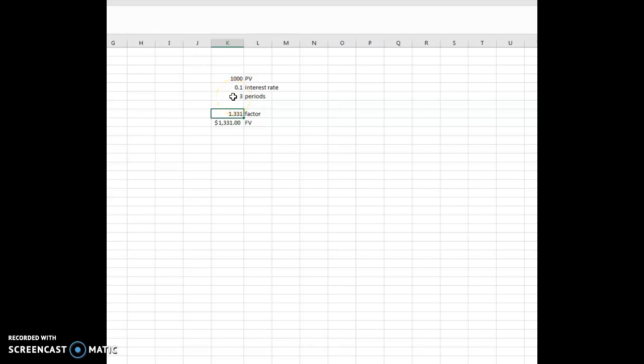That gives me my factor, and that's 1.331. Then I multiply the present value of 1,000 by my factor, K4 times K8, and that gives me my future value right there.